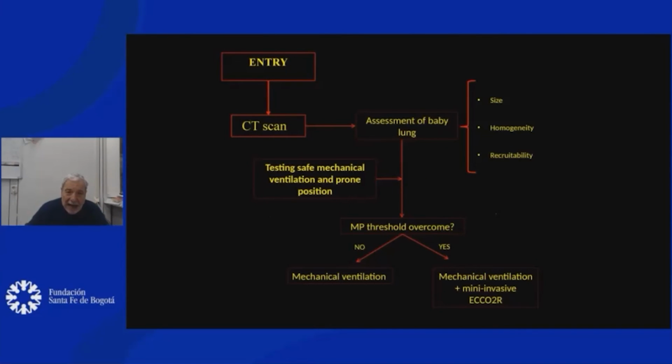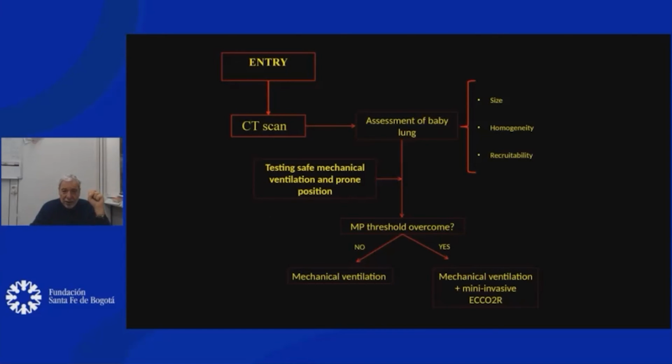So I think if I had to use the mechanical power in a general approach, this is the way we try to assess things. A patient comes in, the assessment of the dimension of the baby lung, size, homogeneity, and recruitability, and we use prone position and the same mechanical ventilation.